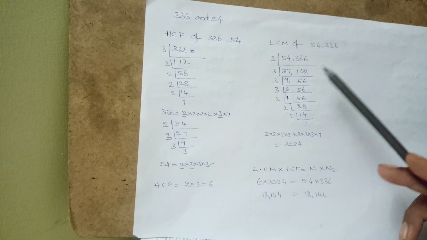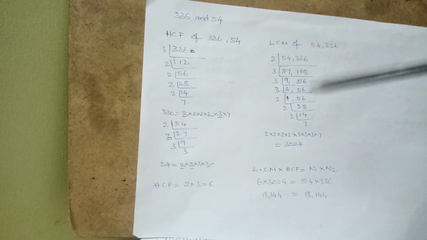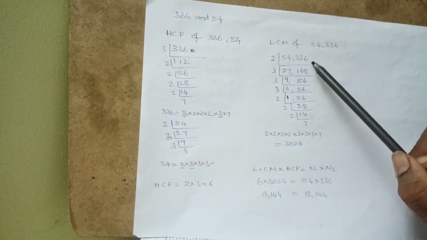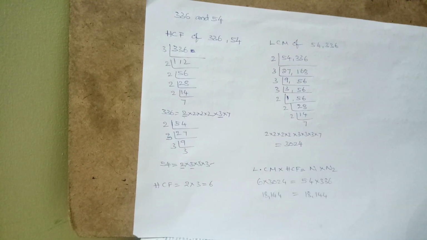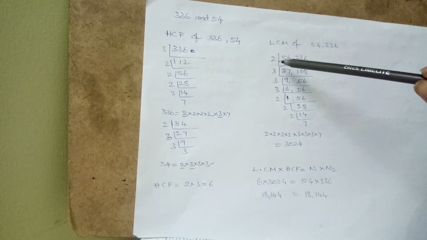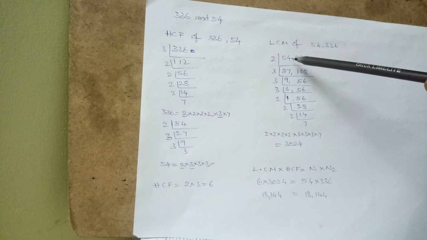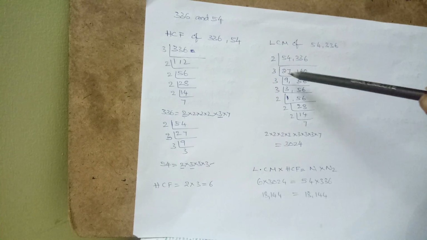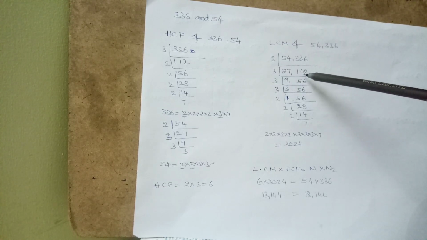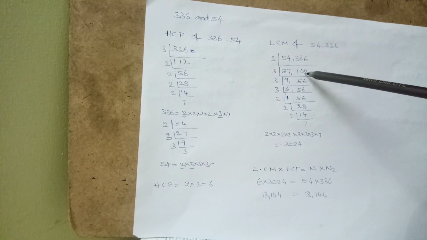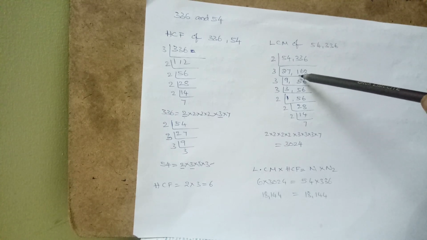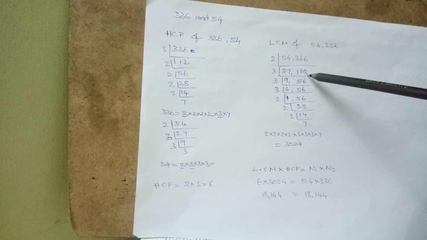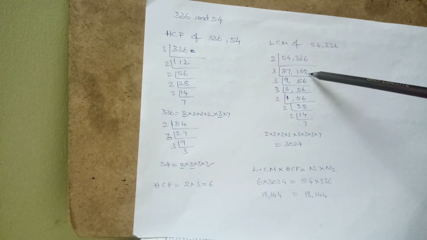In 54, 4 is there, therefore definitely 2 can cancel. In 336, 6 is there, definitely 2 can cancel. So I took 2 and started division. 27 and 168. Again 3 can cancel here if you check the divisibility rule. So 1 plus 6 plus 8 is 15, and 15 means 1 plus 5, that is again 6.